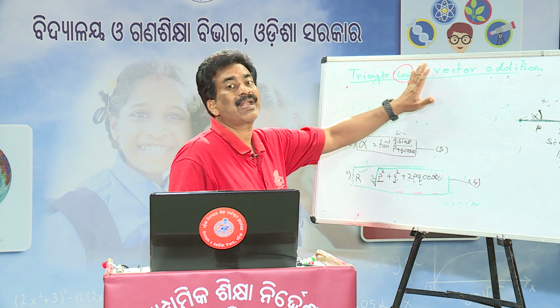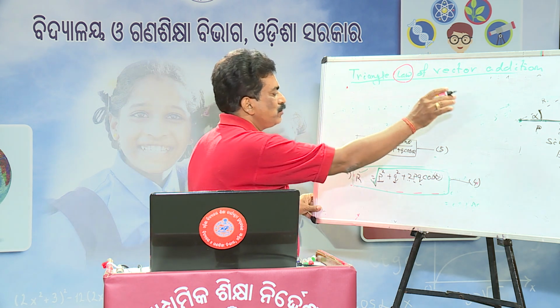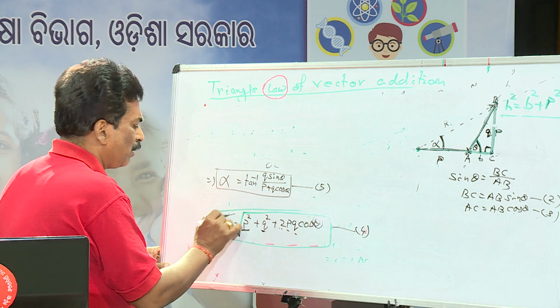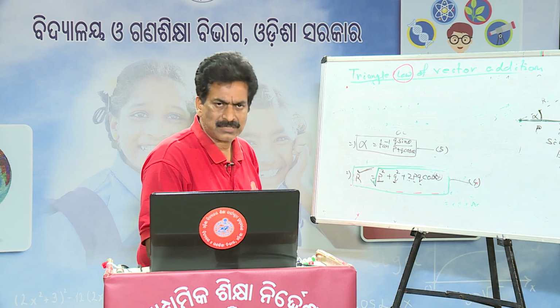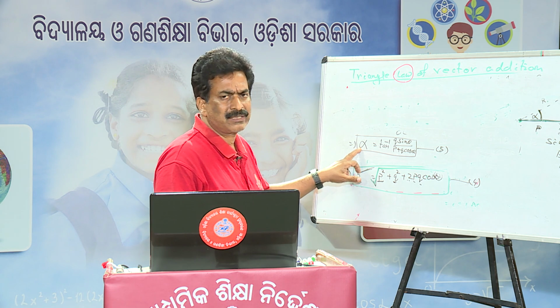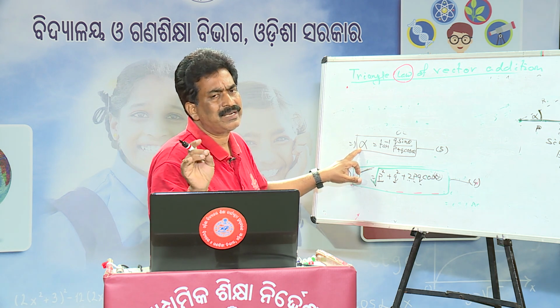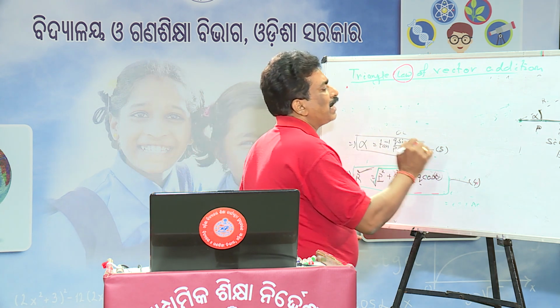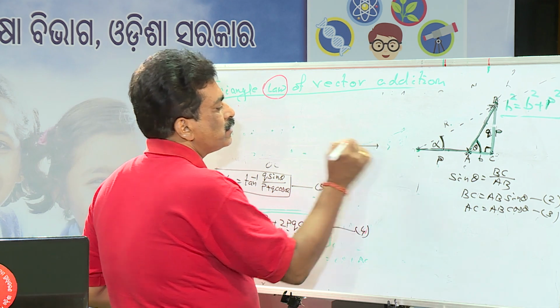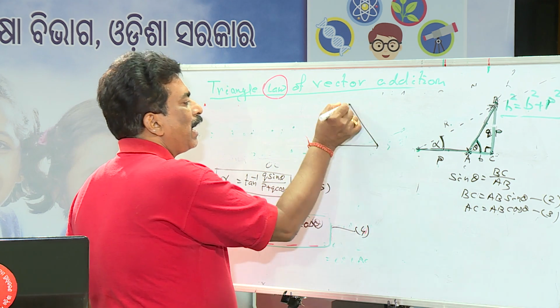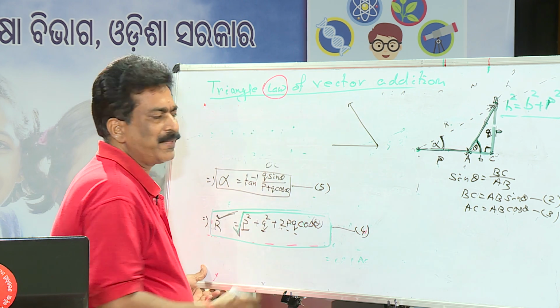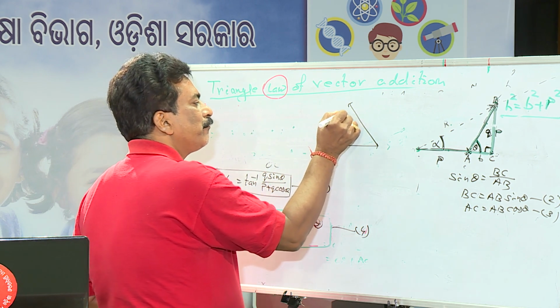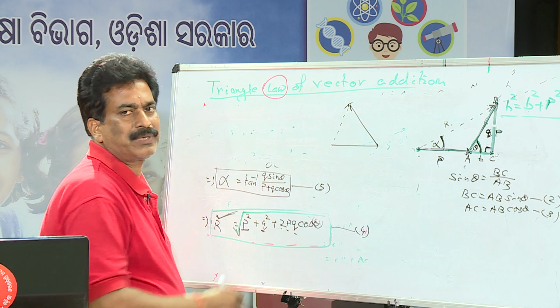So by using that we find the magnitude of the resultant vector and the direction of that resultant vector R, which is alpha. As I said earlier, sir, this is one vector and this is another vector. Then what will be the addition? The addition will be this vector.